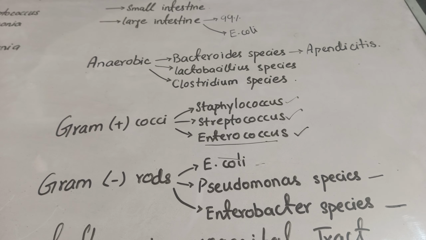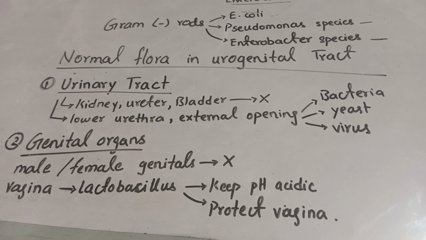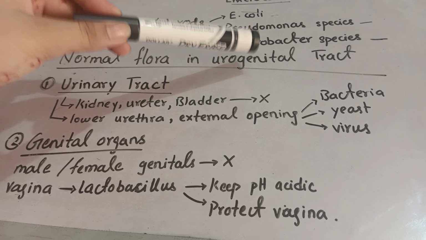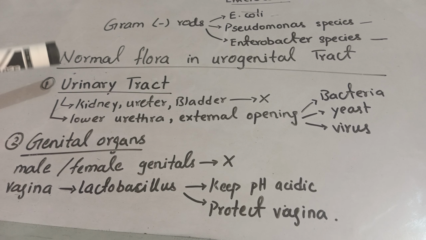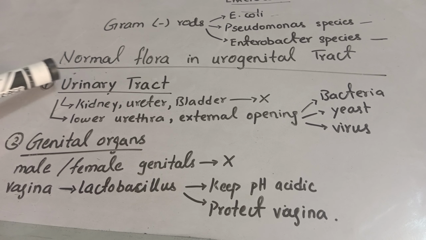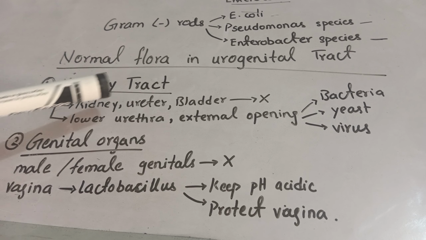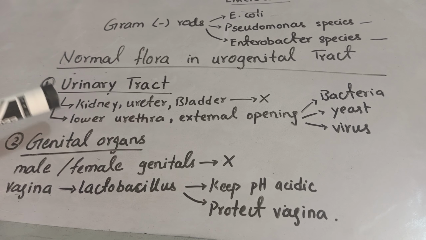Now, after discussing the normal flora in the GIT tract, let's discuss the normal flora present in the urogenital tract. The urogenital tract consists of your urinary tract and your genital organs. As you know, your urinary tract consists of the kidney, ureter, urinary bladder and urethra.